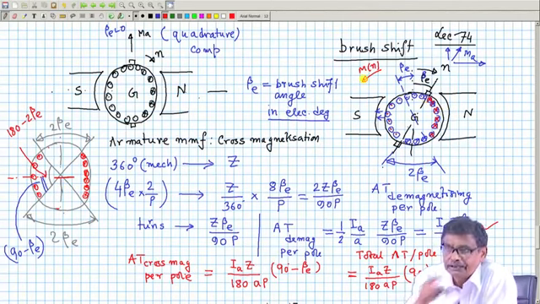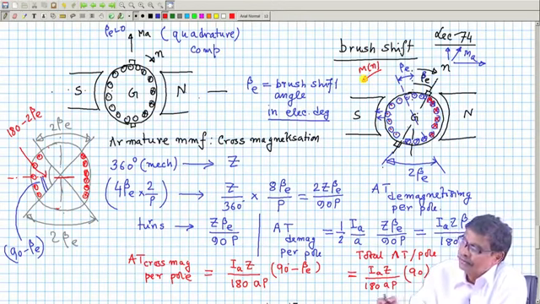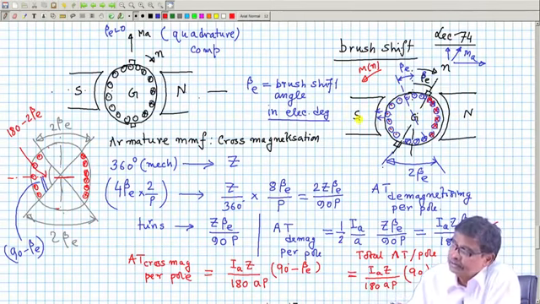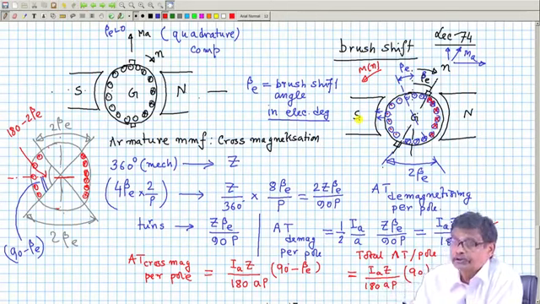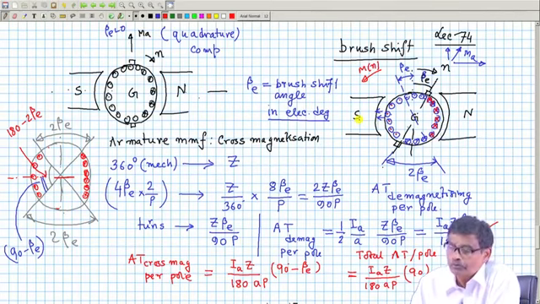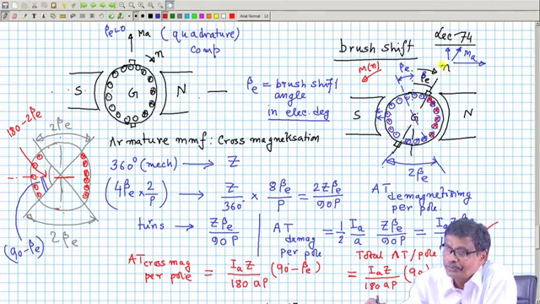We have shown that now. Once you have shown the current direction and field pole polarities for a generator with an assumed direction of rotation, the same diagram can be used to tell you things about motor mode. Only thing, you erase this direction of rotation, show this to be the direction of rotation, and that is motor.